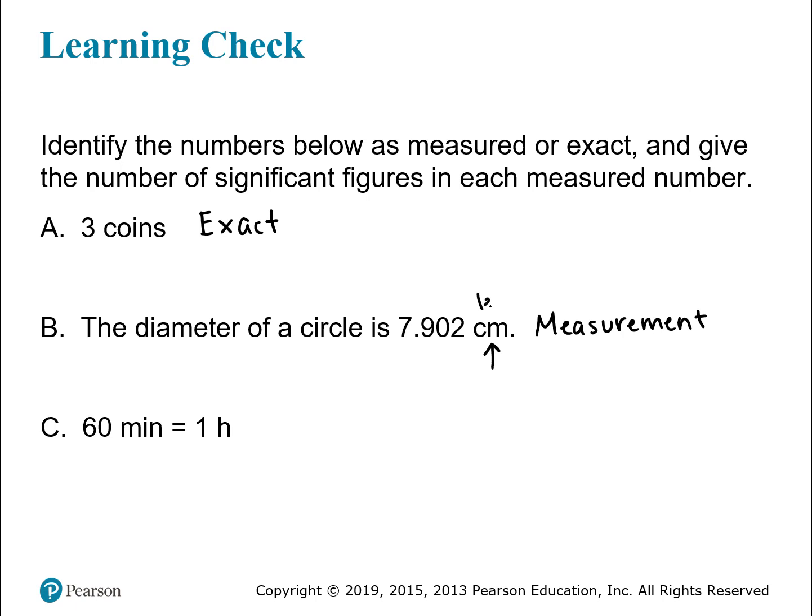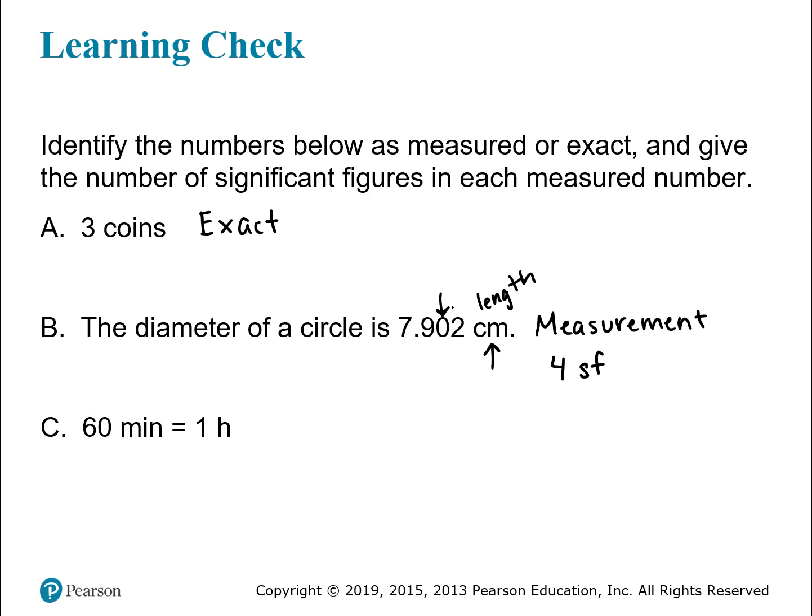That's a length. And since we have a measurement, we need to give the number of significant figures in this measured number. There are 4 significant figures: the 7, the 9, the 0, and the 2. Remember, zeros that are sandwiched between 2 non-zero digits are always going to be significant.